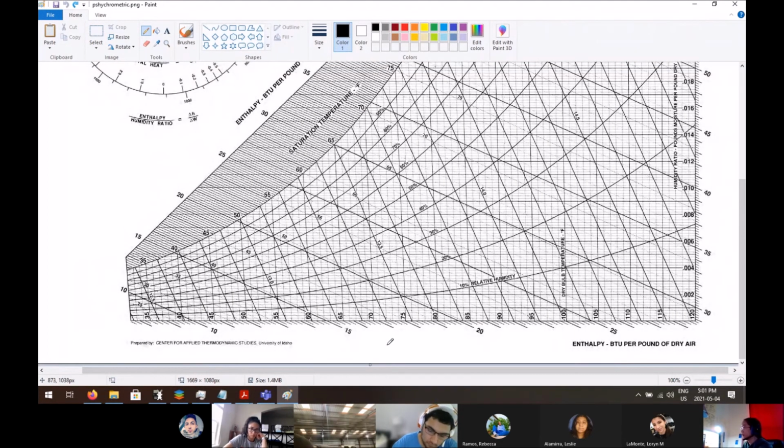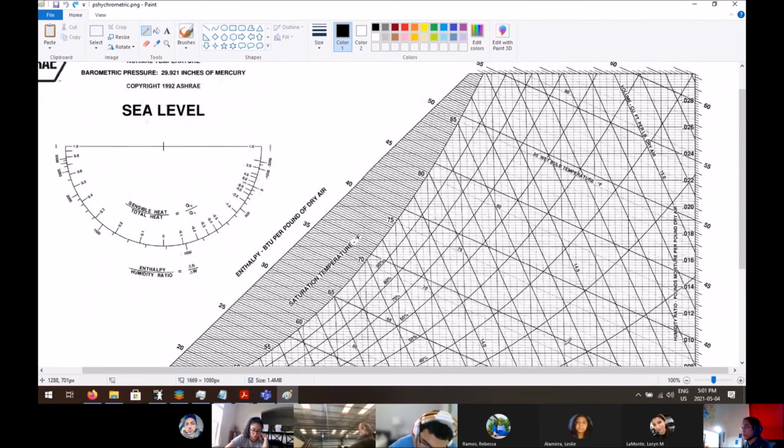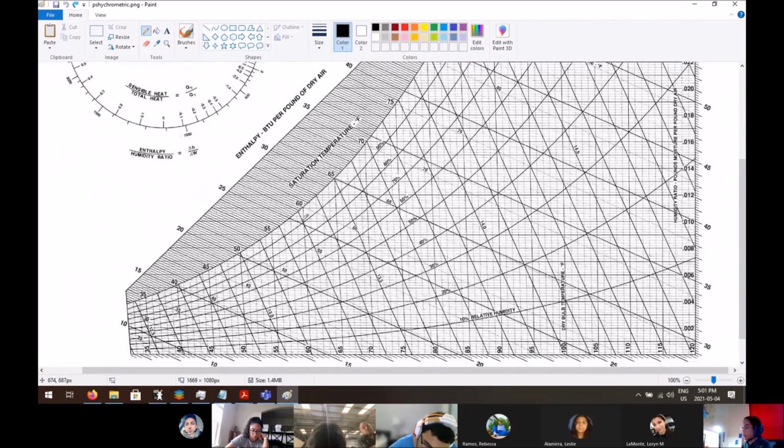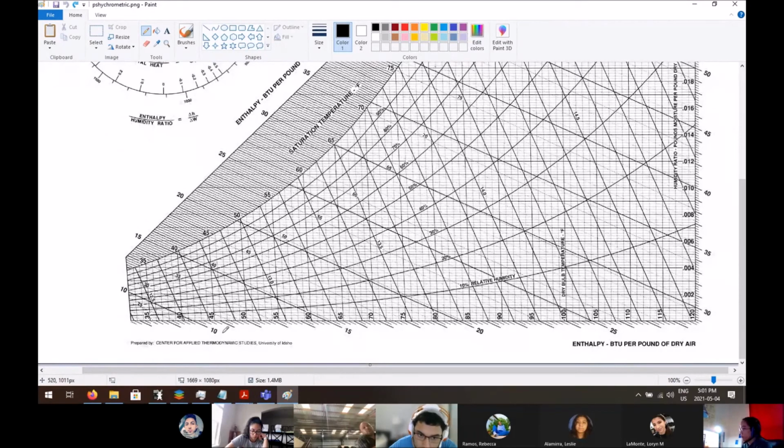That's just your normal temperature that you would get on a weather forecast. You see, it goes from 32 degrees to 120 degrees, and I assume this is in Fahrenheit. Yes, Fahrenheit. So 32 degrees Fahrenheit down here. You have 120 degrees Fahrenheit over here.